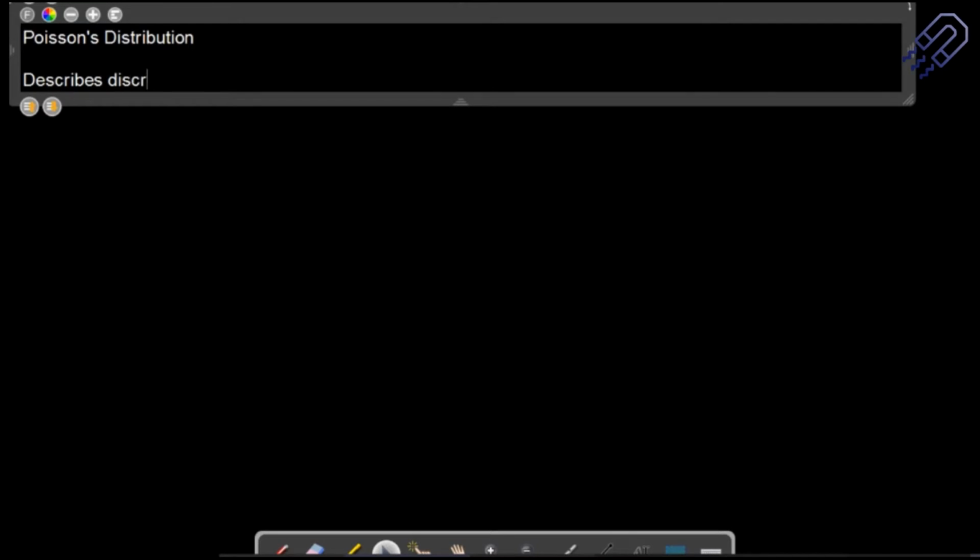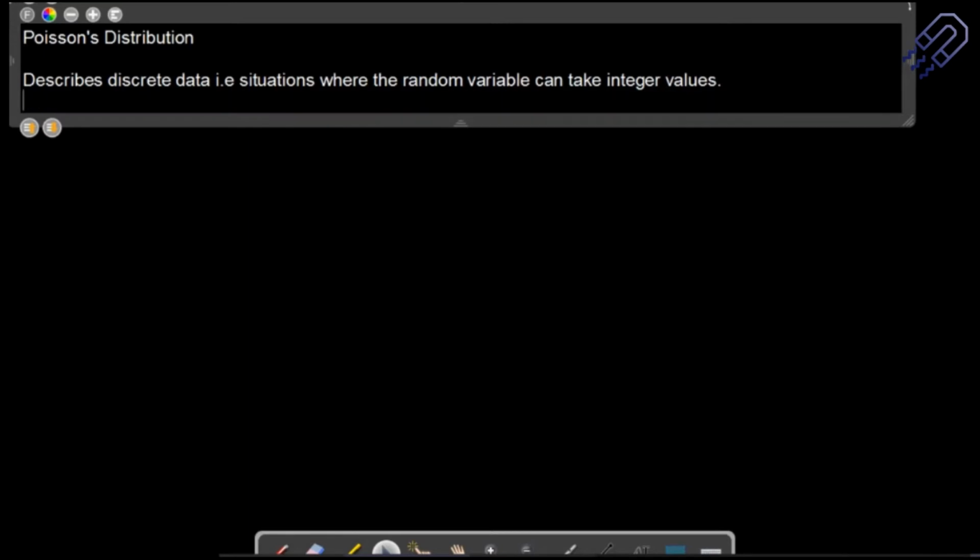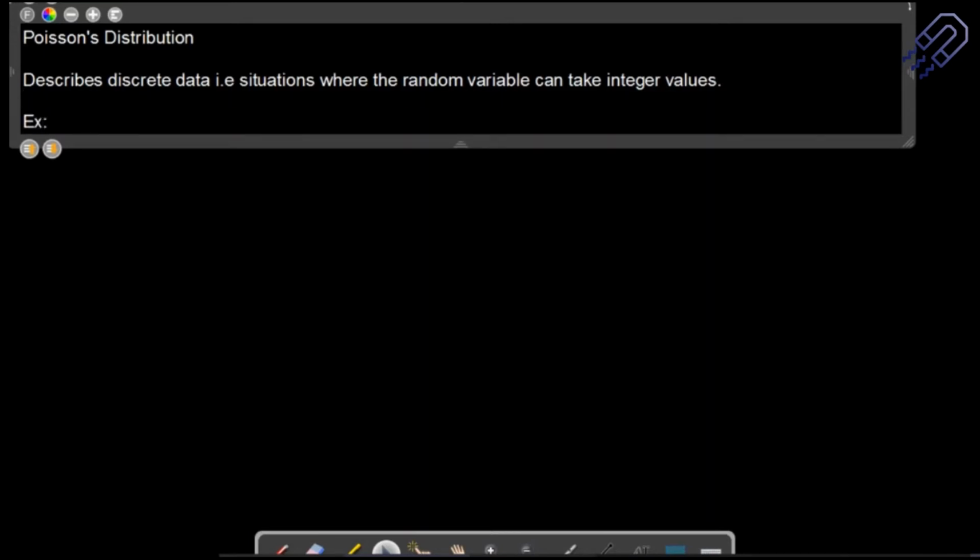I've just written that as a point, but in general when you write down an explanation for this, you can just take it as situations where the random variable can take integer values. If we talk about examples of integer values, what kind of problem can be solved, we can talk about the number of cars at a toll booth.